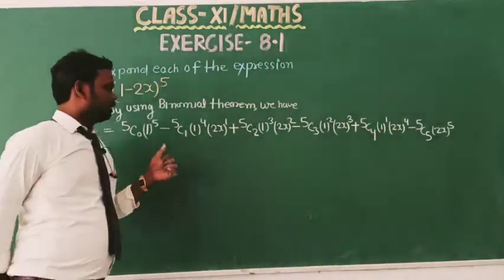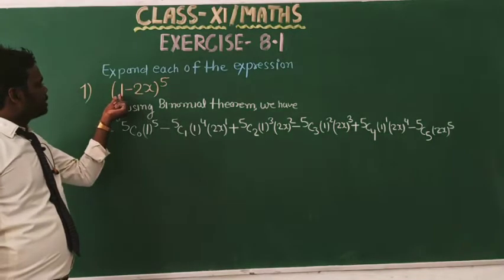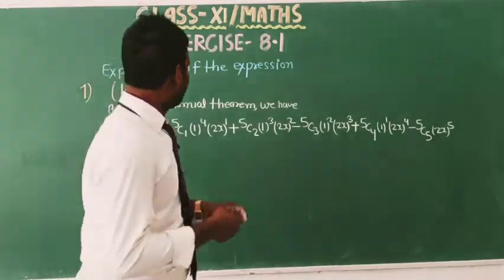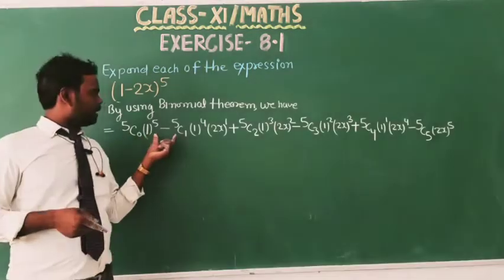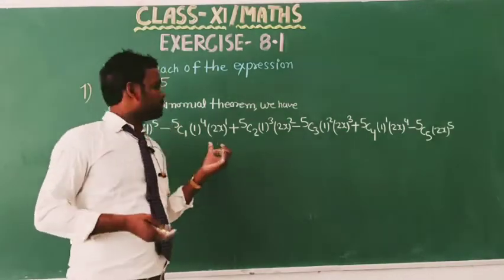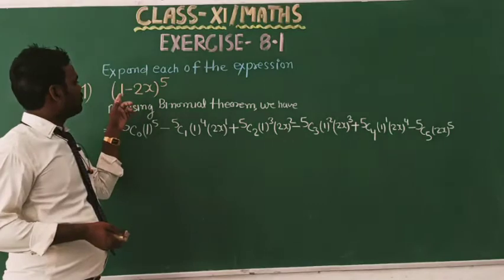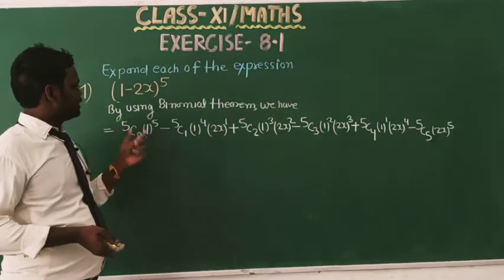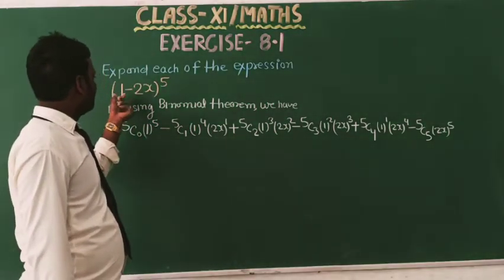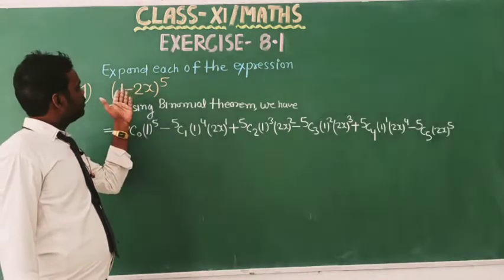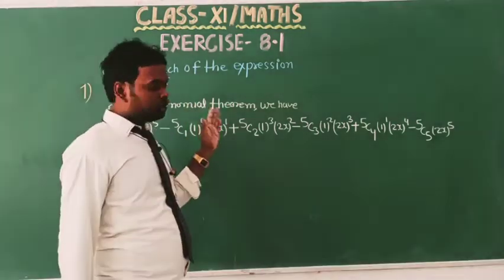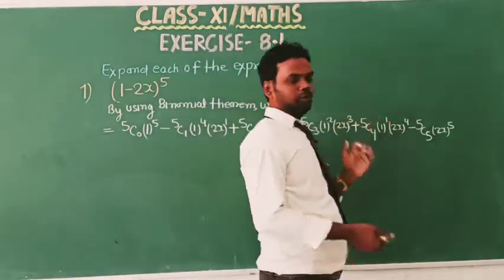Second, any expansion of the a minus b form contains alternating positive and negative terms. And in each term, the powers of the first and second quantity add up to the power of the given expression, means (1 minus 2x) to the power 5: 1 to the power 4 and 2x to the power 1 sum to 5.